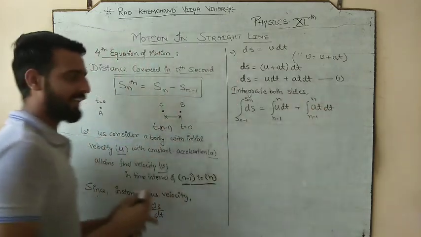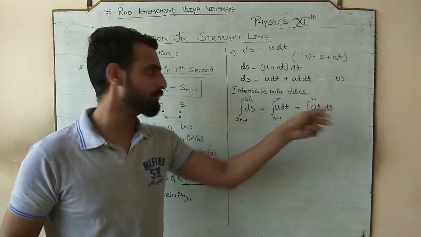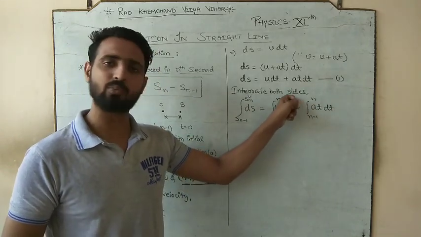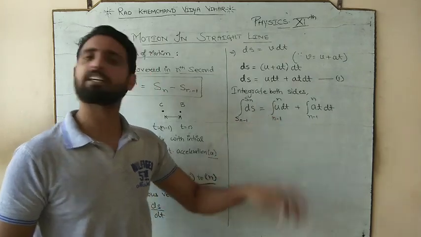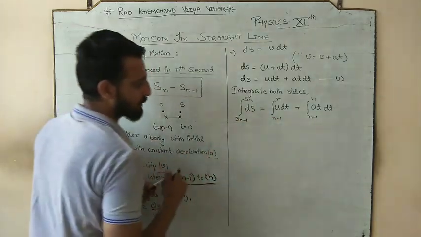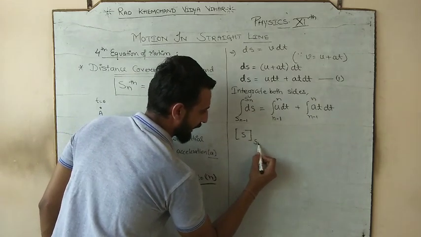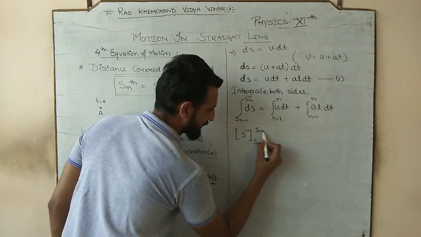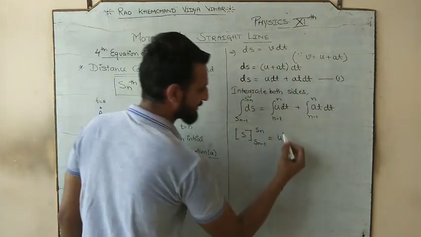So there are two variables in this equation. Number one, dt. dt means change in time. So time is changing from n minus 1 to n, and the displacement is changing from Sn minus 1 to Sn. So the integration of ds would be S with limits Sn minus 1 to Sn. u, that is the constant part, would be as it is.